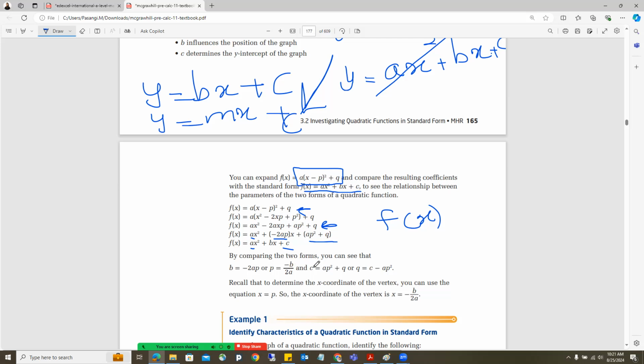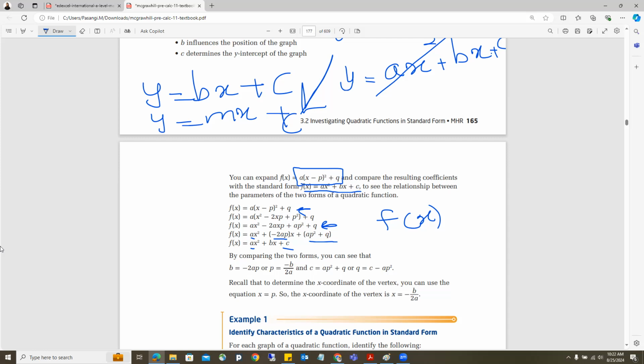By comparing the two forms, you can see that the value b of the standard form is equal to minus 2ap in the vertex form. But don't memorize these by heart. It's better if you can work these out quickly and get the answers in the exam. Because if you memorize these points and then apply them, surely it will get messed up.